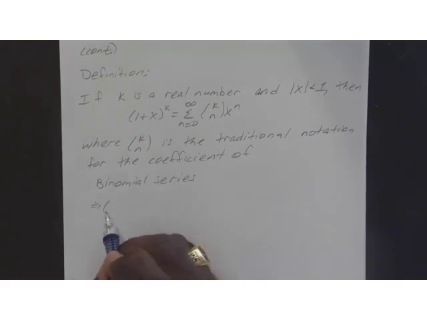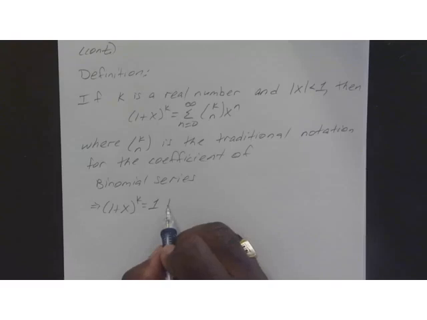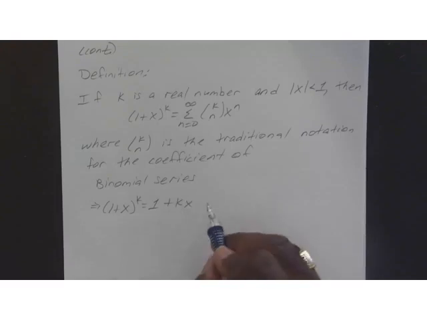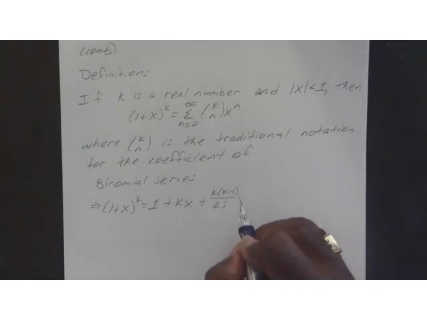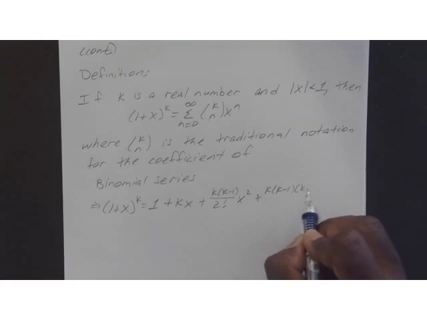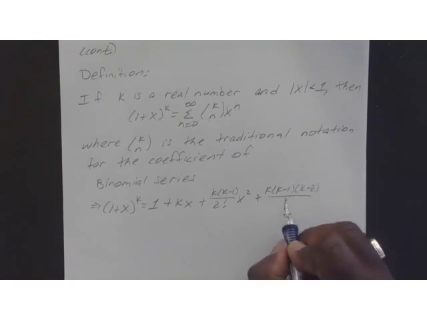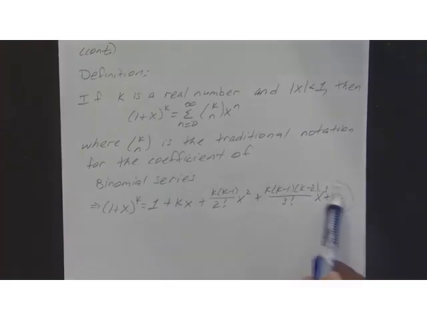And that binomial series is 1 plus x to the power of k is equal to 1 plus k times x plus k times k minus 1 divided by 2 factorial times x squared plus k times k minus 1 times k minus 2 divided by 3 factorial times x to the third power, and it kind of keeps on going.